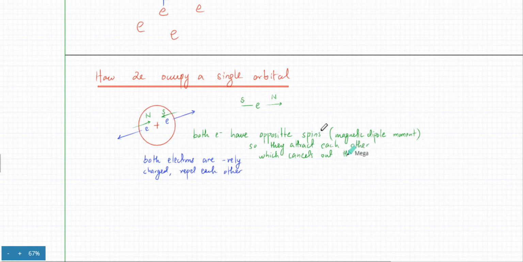It cancels out the electrical force of repulsion, or electrostatic force of repulsion. Okay, so remember this thing always, that electrons in an orbital always have opposite spins.